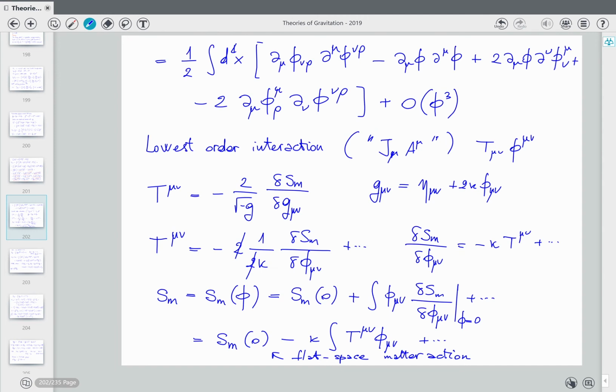So this was the quadratic part. A sum of terms like that, no constant in front, but since the integrand must have dimension 4 and the derivative has dimension 1, this phi also has dimension 1.